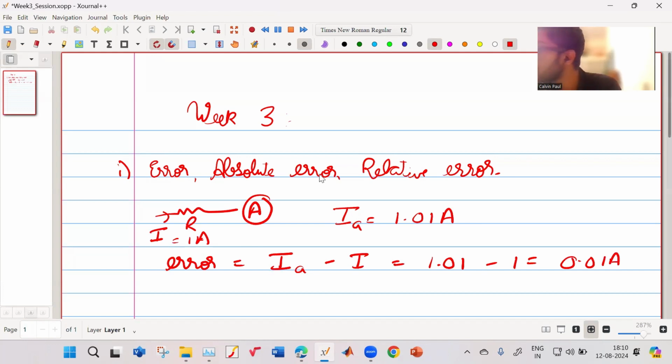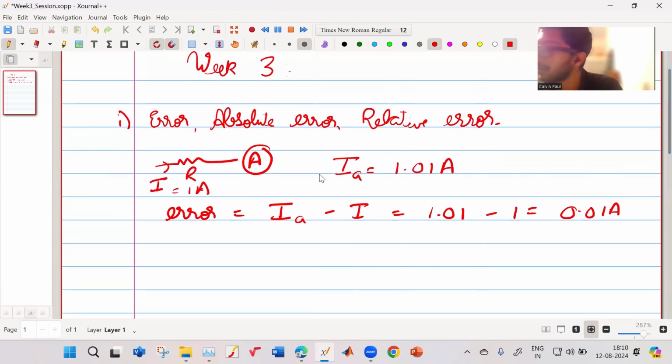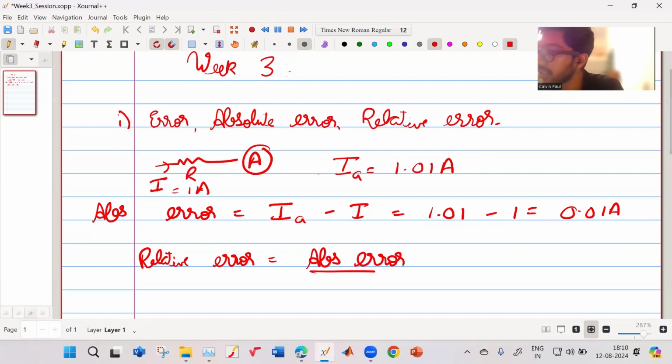Okay. Now, if you want to find the relative error, this is known as the absolute error. So the absolute error divided by either the actual value or the measured value. We can take any one. We can take 1 ampere. So it is actually 0.01 ampere divided by 1 ampere.